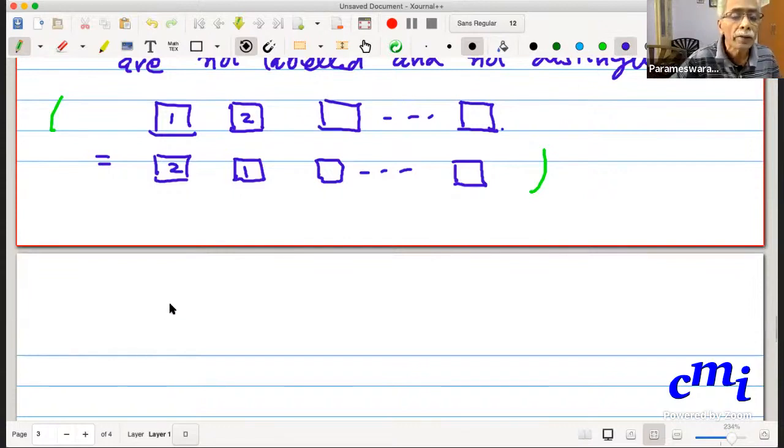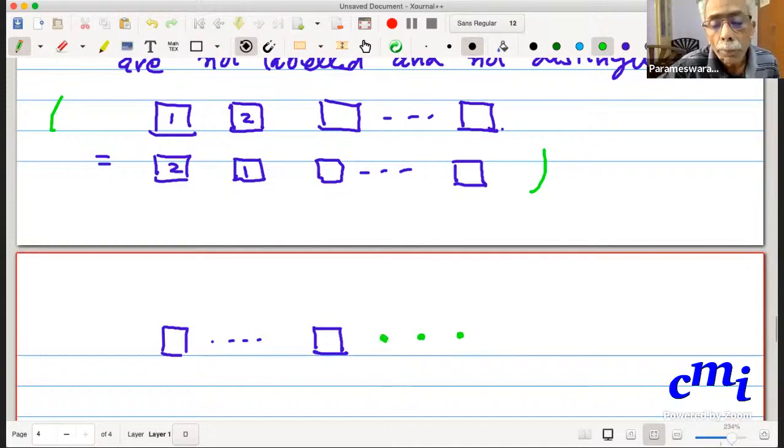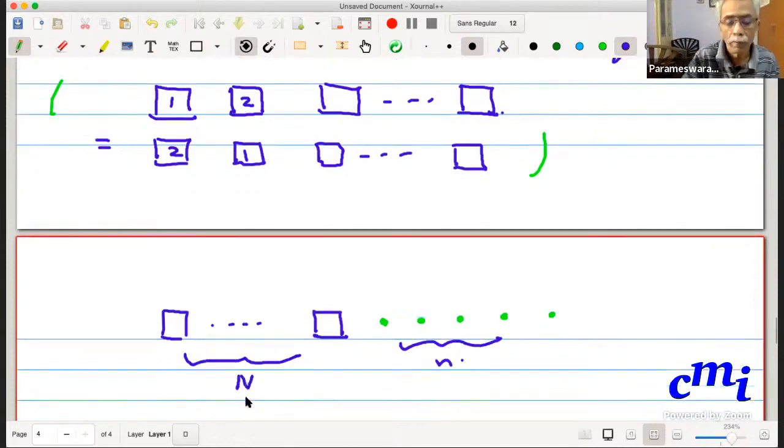Here is one way to do this. You first think of capital N many boxes arranged like this, and then you write these particles, indistinguishable, not labeled. So these are n many particles and these are N boxes. Arrange them in a single line.